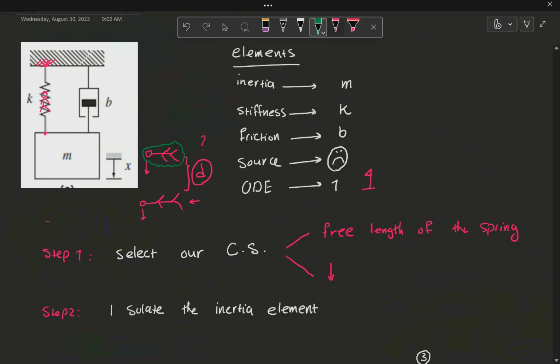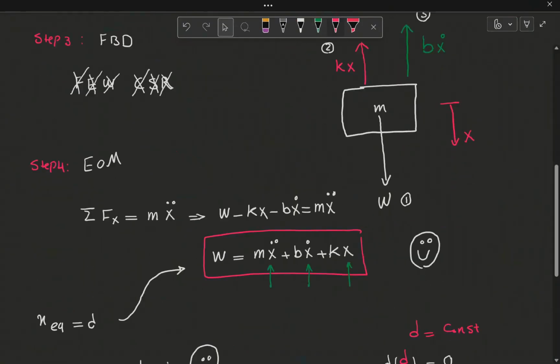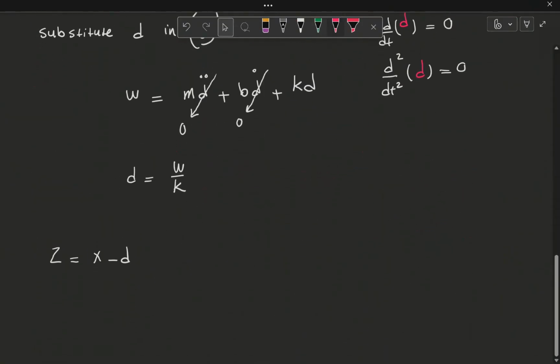And if I am the person that sits at the static equilibrium point and measures the distance of the mass, I am always seeing the distance d value less than u.